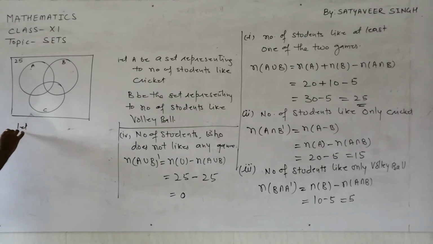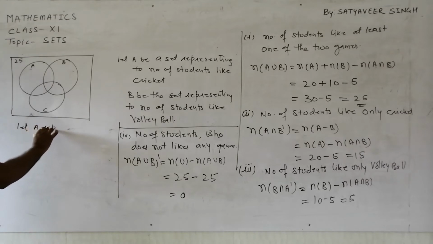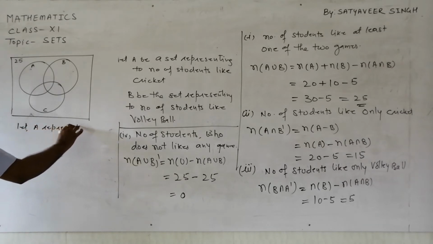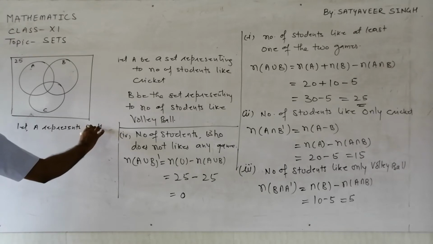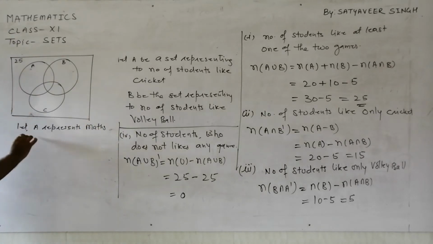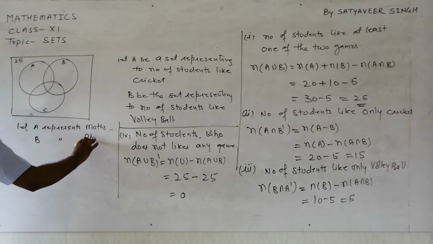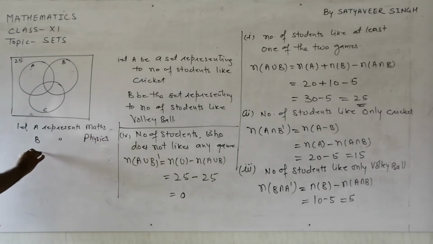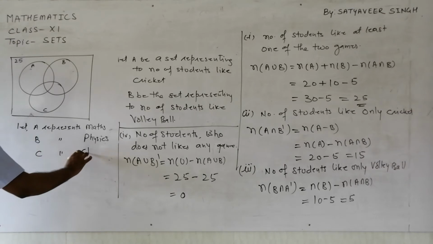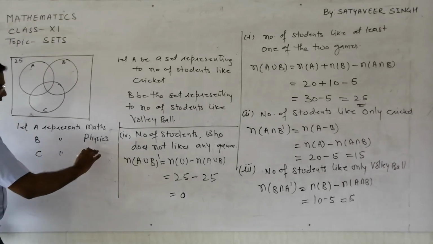So here I am giving you the information. Let A represent maths, set B represent physics, and set C represent chemistry.